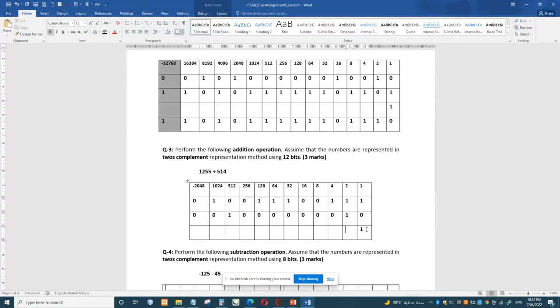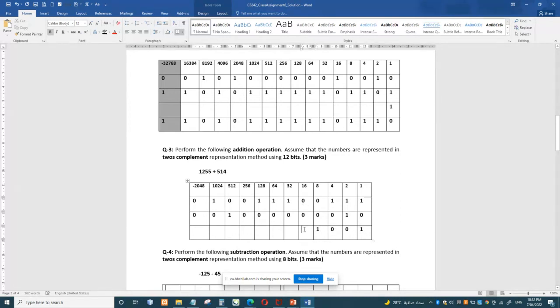So we'll put the value 0, and the carry is 1. So carry 1 plus this one is again 2, which means we'll put 0, and the carry is 1. So we'll put 1 here.